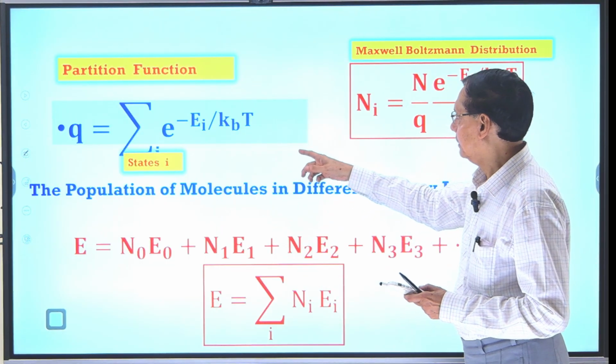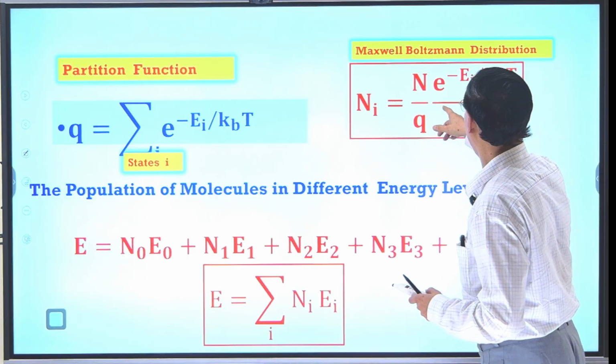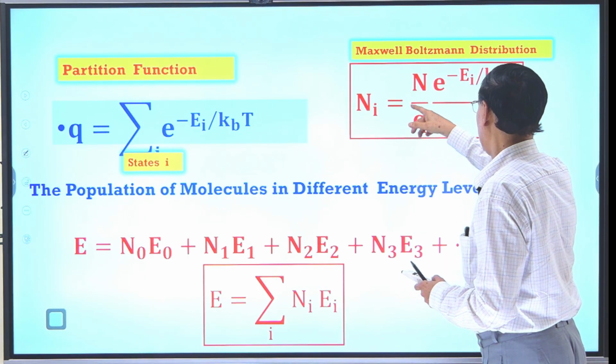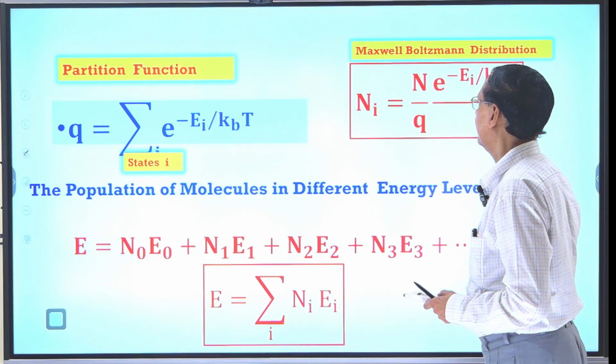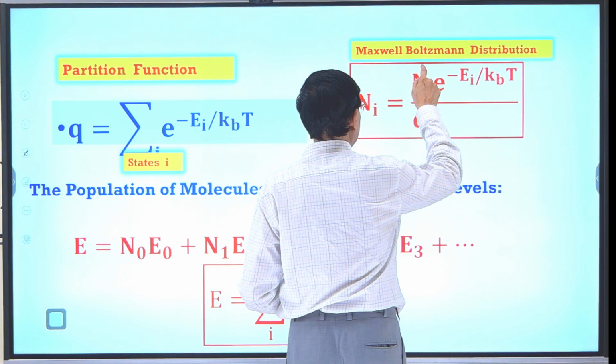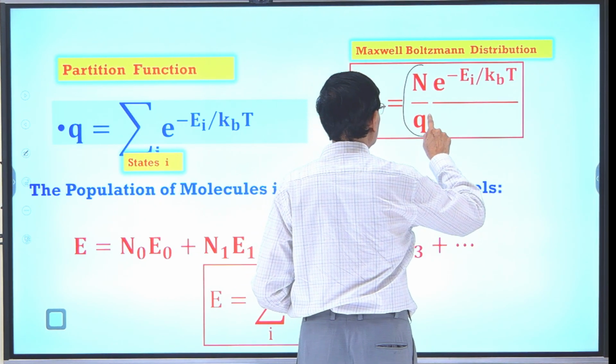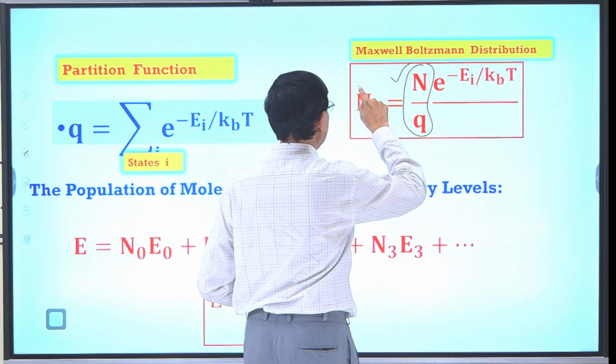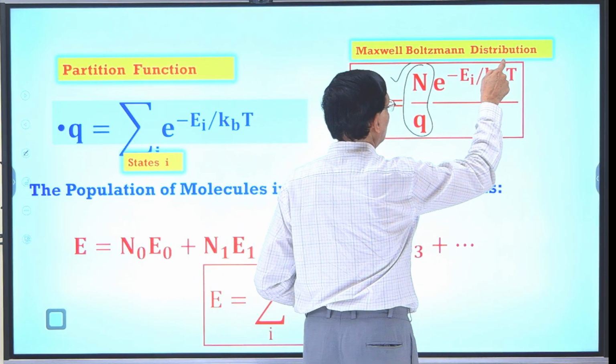One is the Maxwell-Boltzmann distribution, Maxwell-Boltzmann statistics. And I will explain why there is an N divided by q. This is N, and this is the Boltzmann constant.